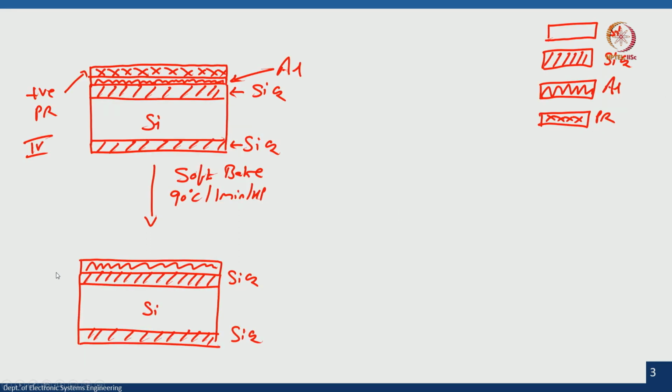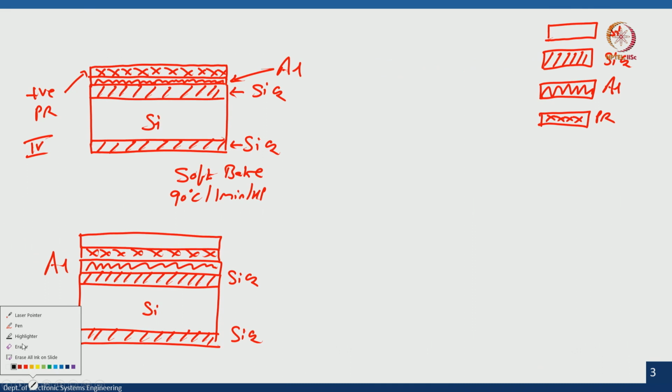What happened here? Aluminum. On aluminum we have photoresist, which is already soft baked. On photoresist we will load the mask, okay, and I said what?